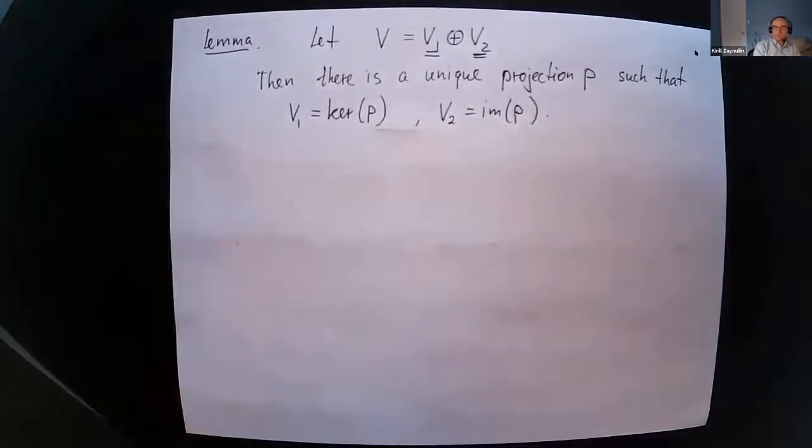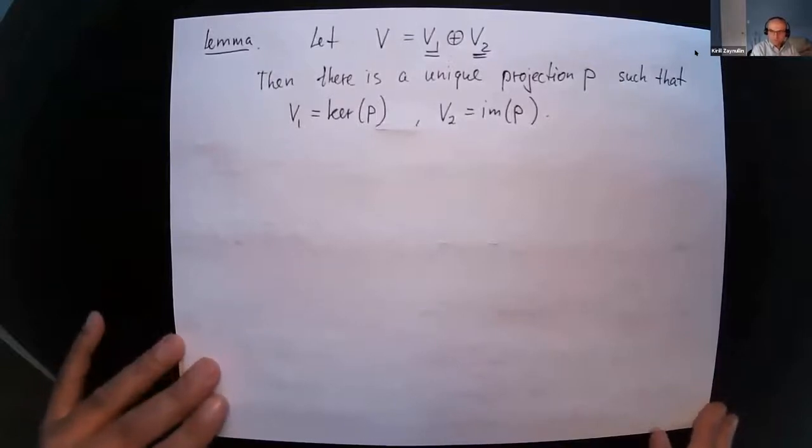In other words, combining with the previous story, there is a one-to-one correspondence between direct sums and projections. If we have a direct sum, we get a unique projection, and if we have a projection, we get a direct sum.